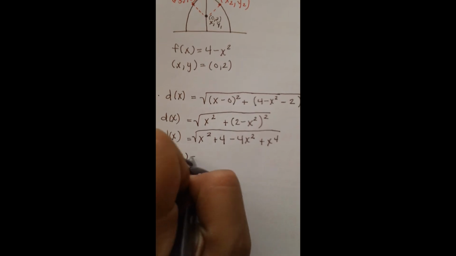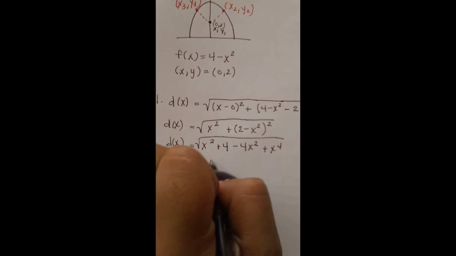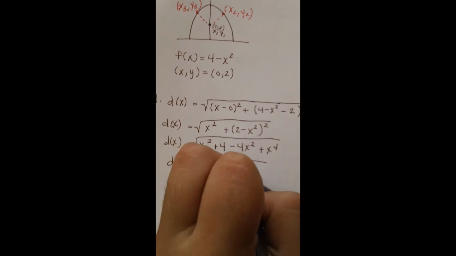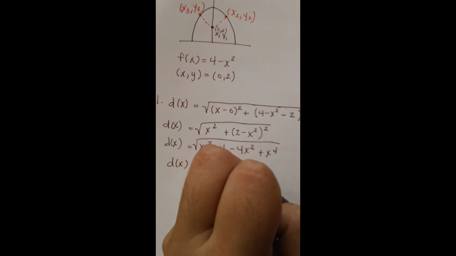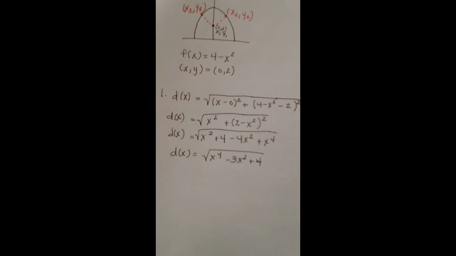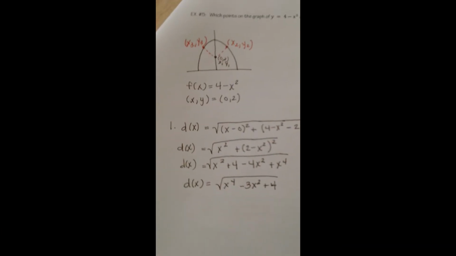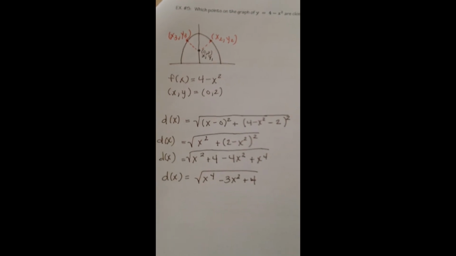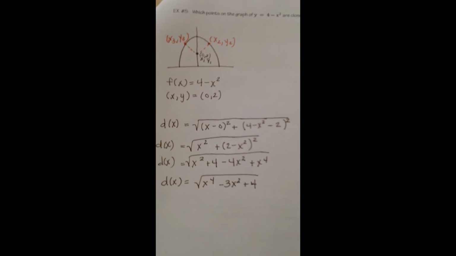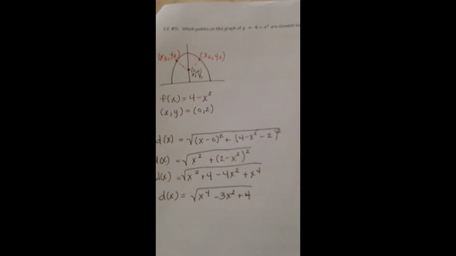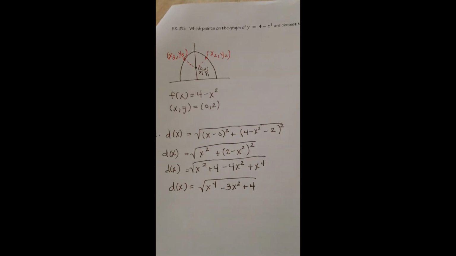Combining like terms, we'll end up with x to the 4th minus 3x squared plus 4. And from here, even though it's all within a square root, we don't actually need to use the square root anymore to find the smallest critical values. So we're only going to focus on the inside.